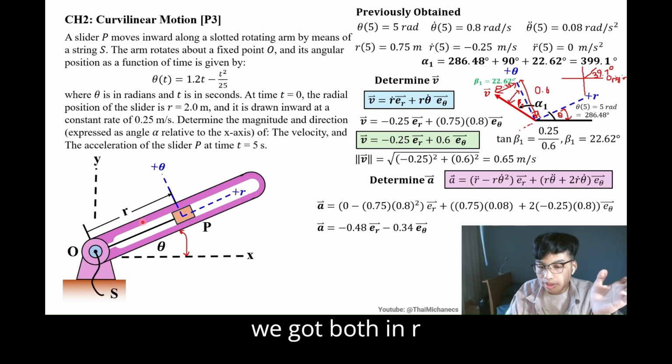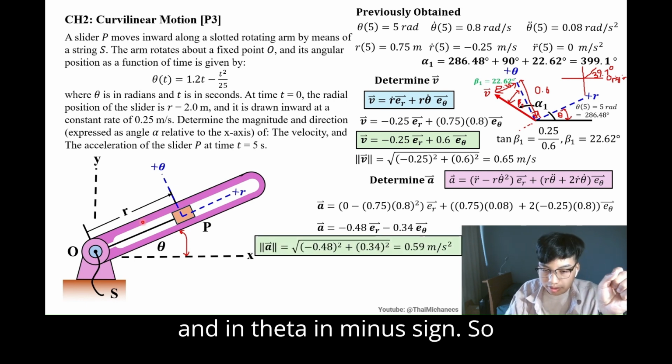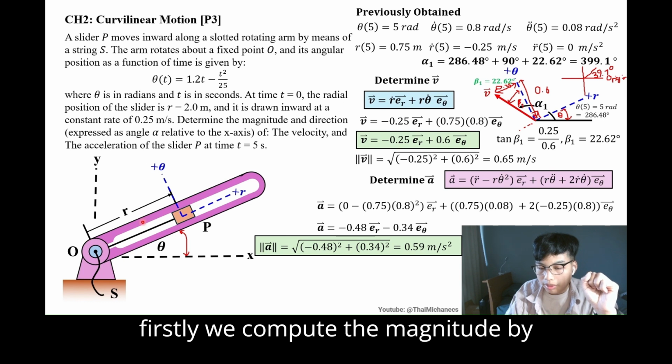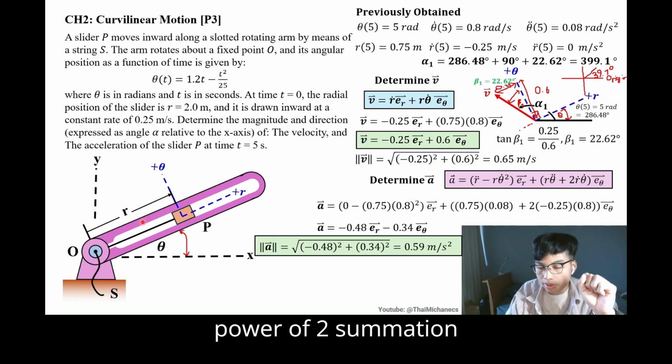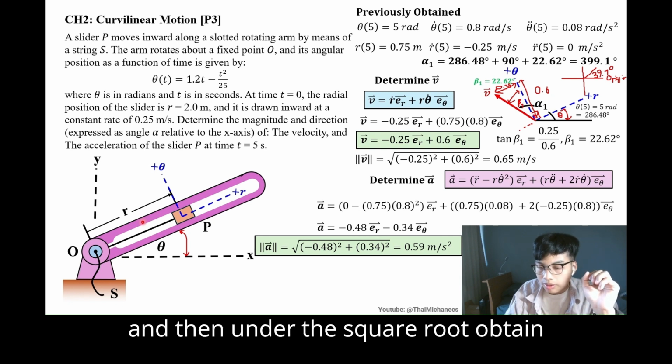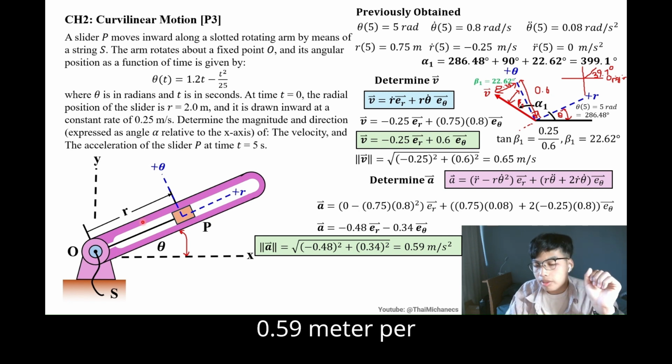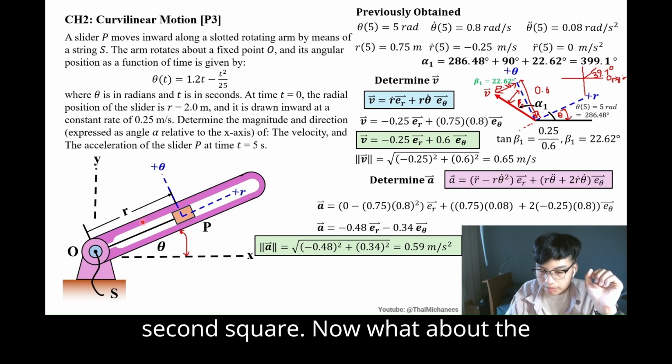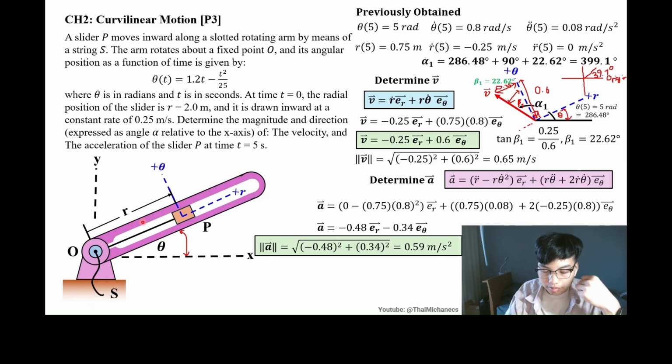In this case we got both r and theta in minus sign. So we compute the magnitude by the sum of squares under the square root and obtain 0.59 meter per second squared. Now what about the direction?